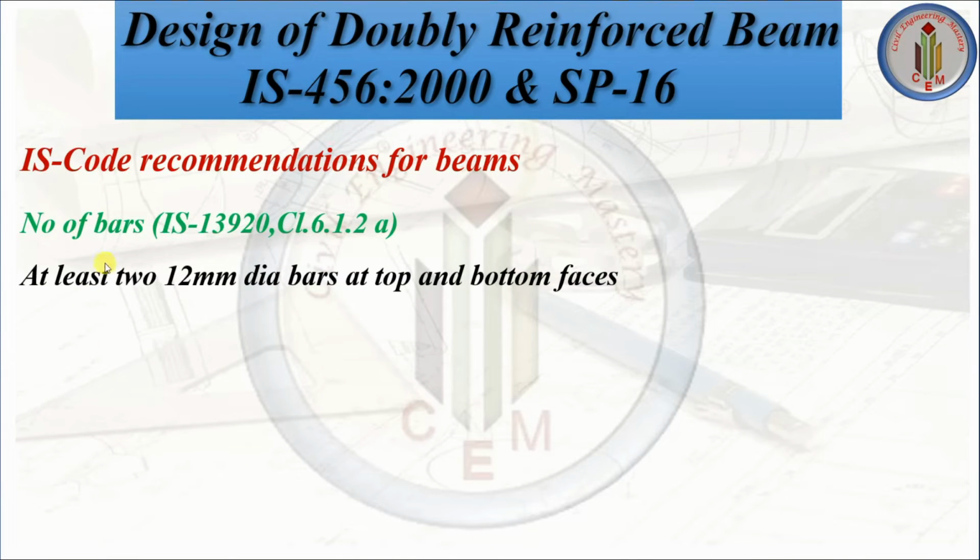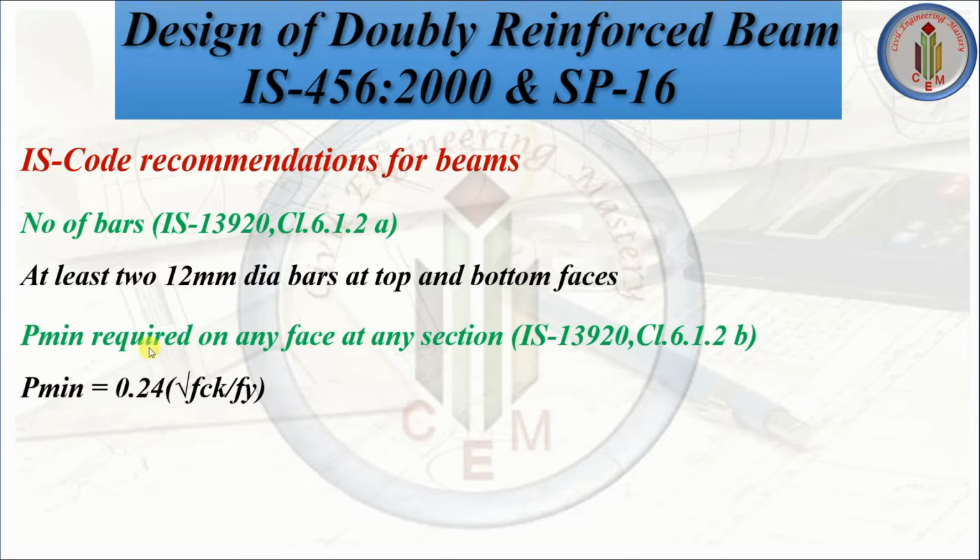Next, number of bars. According to IS 13920, at least two 12 mm diameter bars at top and bottom faces should be provided. The minimum percentage required on any face at any section, as per IS 13920, is 0.24 root fck by fy.